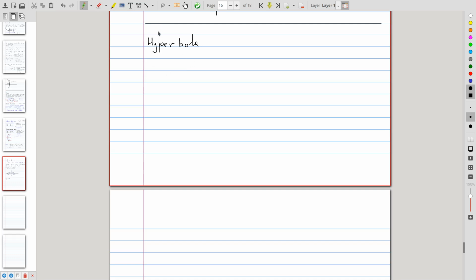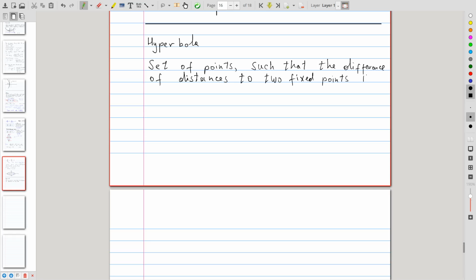A hyperbola has the geometric characterization of a set of points such that the difference of distances to two fixed points F1 and F2, which we again call the foci of the hyperbola, is constant.